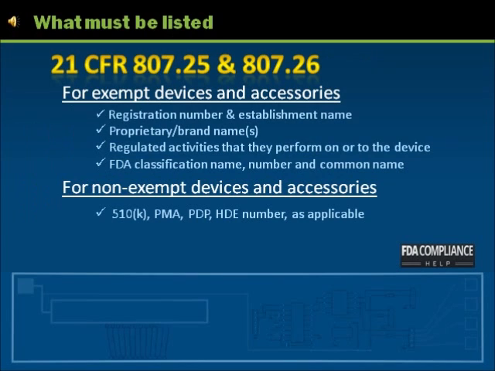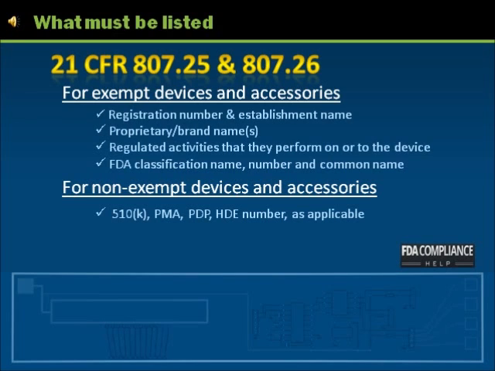Owner-operators are required to submit the following listing information under 21 CFR 807.25 and 807.26 regulations: current registration number and name of each establishment under their ownership and/or control that performs a regulated function to the device, the proprietary brand name(s) under which the device is marketed, information concerning any regulated activities that they perform on or to the device, e.g., manufacturing, the FDA identification names for each device.